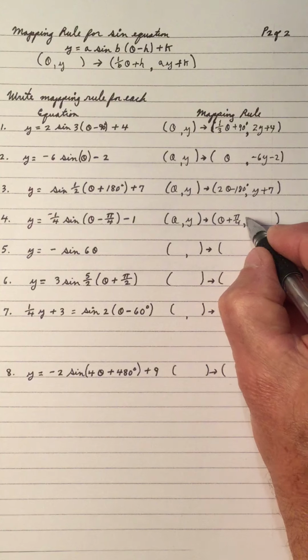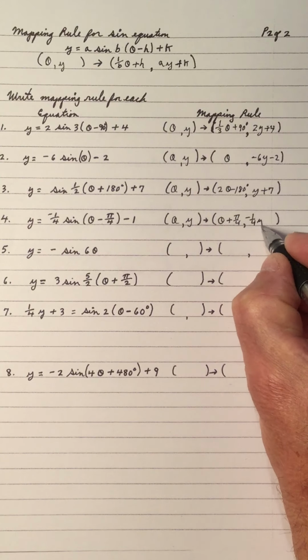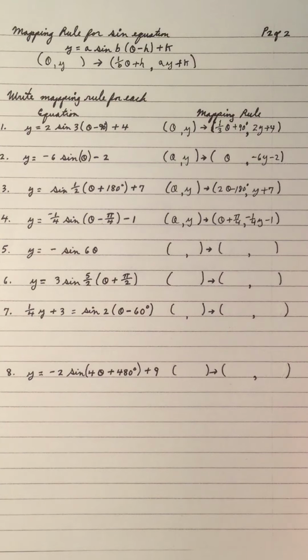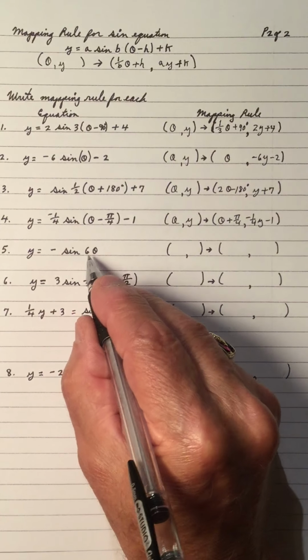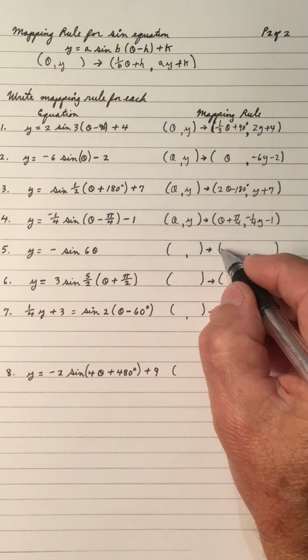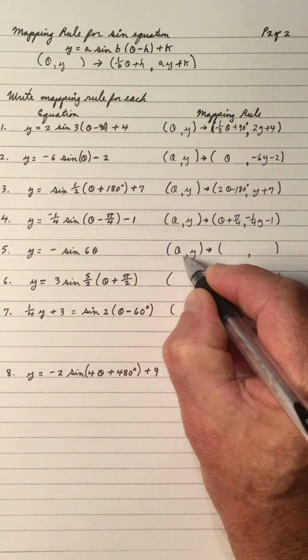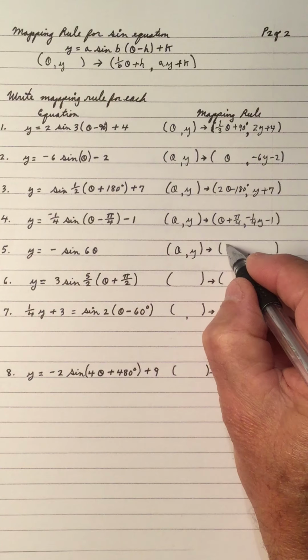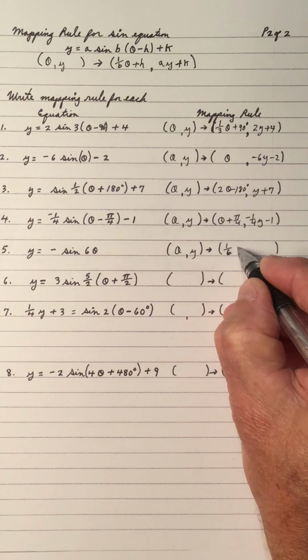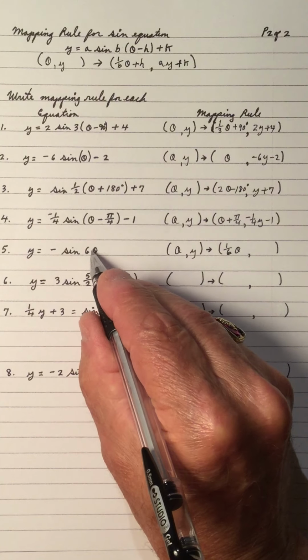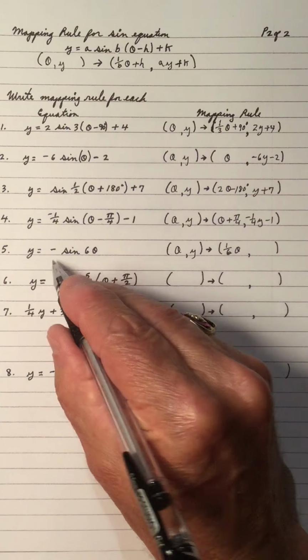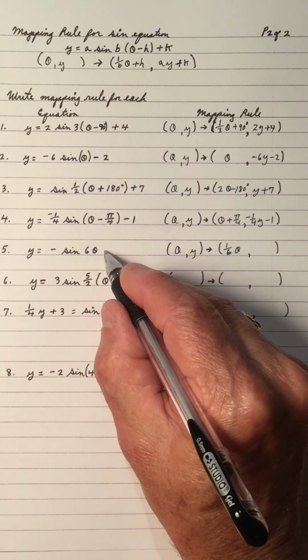And negative 1/4 y minus 1. And this is sine 6 theta, so it's theta and y. 6 theta, so the reciprocal is 1/6 theta, and no angle added on. And it's a negative 1 and 0, so it's just a negative y.